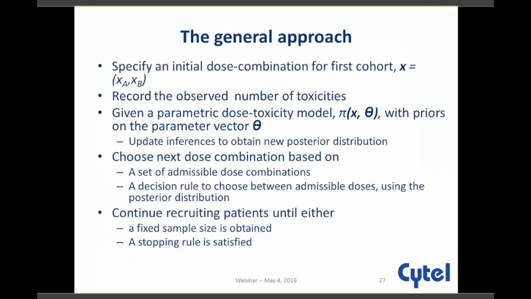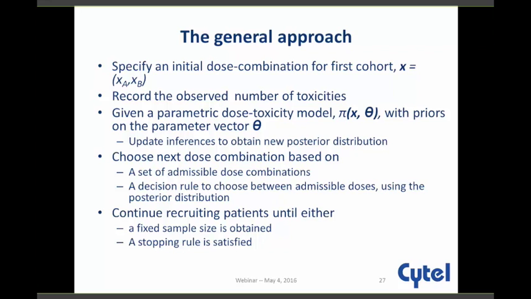Both these methods can be put under a general umbrella, in which the approach that we are taking is to specify an initial dose combination for the first cohort, record the number of toxicities that we have, and then, given a parametric dose toxicity model with priors on these parameters, update our inference to obtain the posterior distribution.